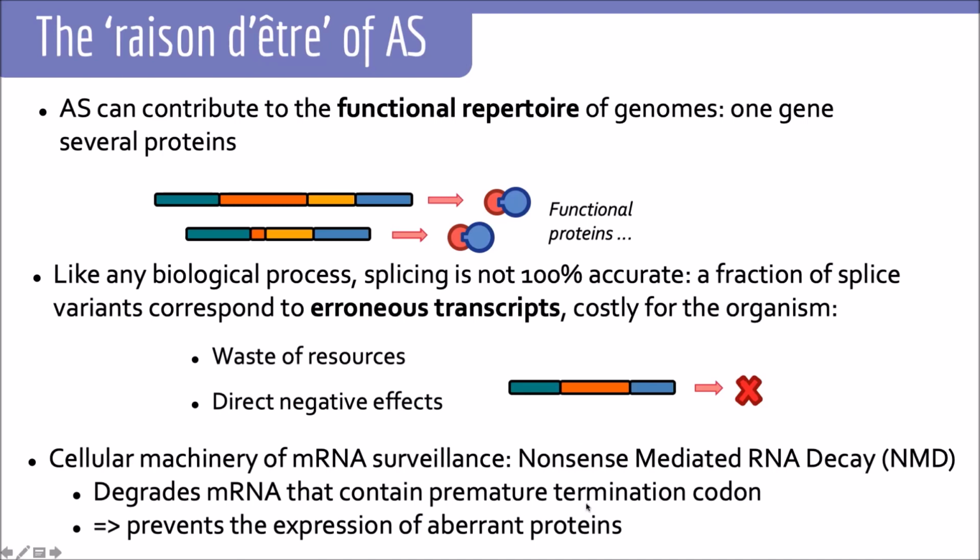For instance, there is one machinery called nonsense-mediated RNA decay, NMD, which is able to recognize mRNAs that contain premature termination codons and degrade them, so as to prevent the expression of aberrant proteins. So the existence of these mRNA surveillance mechanisms demonstrates the importance of getting rid of these erroneous transcripts.